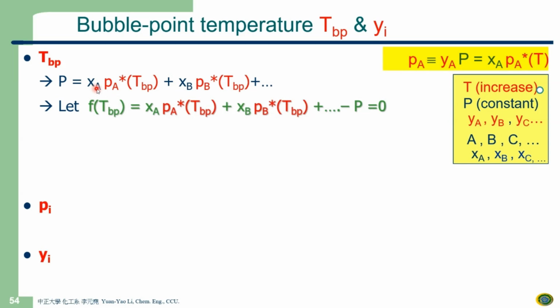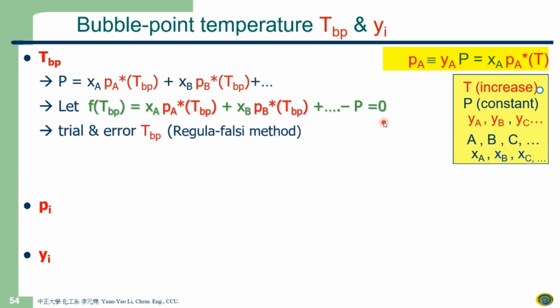So you know this value. And you also need this value because this is the molar fraction in the liquid phase. So what you don't know is the bubble point temperature and the vapor pressure of species A. So you put it together as a function here, and then you use trial and error. You decide on one bubble point temperature first, and you do trial and error to make this equation become zero.